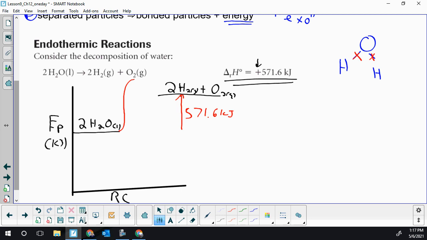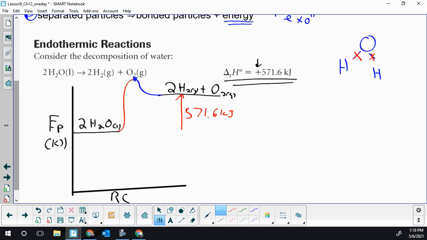Once we get those O's and H's separated from each other, they're going to start coming together. The process is going to start at the activated complex at the top, and the energy released as those new bonds are formed is going to be our drop. Now the red up and the blue down are never going to equal each other.